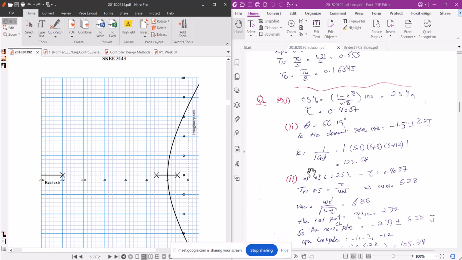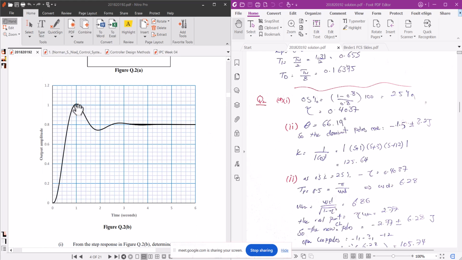Put s here: minus 1.5 plus 1, you will get minus 0.5 plus 3.2j. Similarly, 1.5 plus 3.2j here, and here you will get something like 10.5 plus 3.2j. Then multiply these three numbers and take its magnitude, and you will get the gain. So this is the formula for calculating the gain.